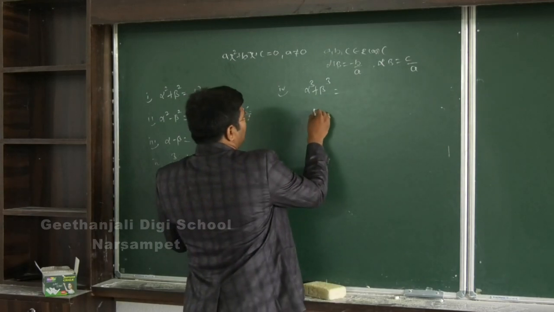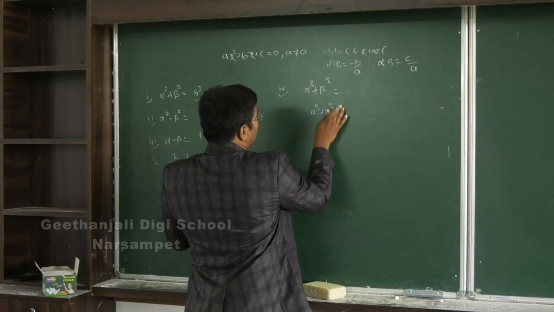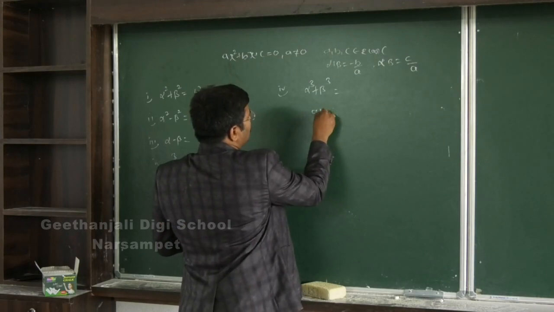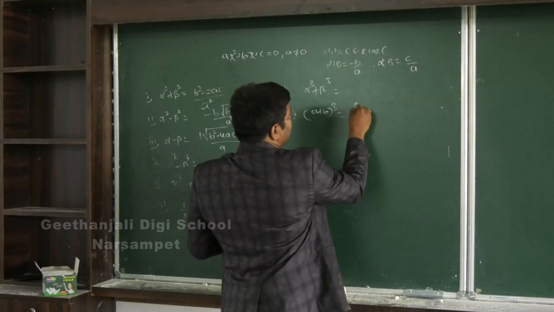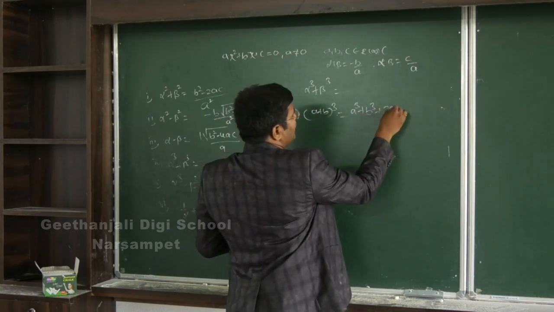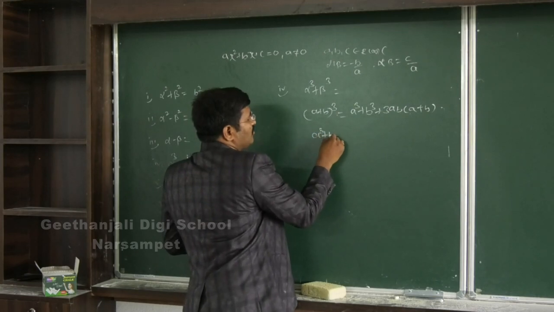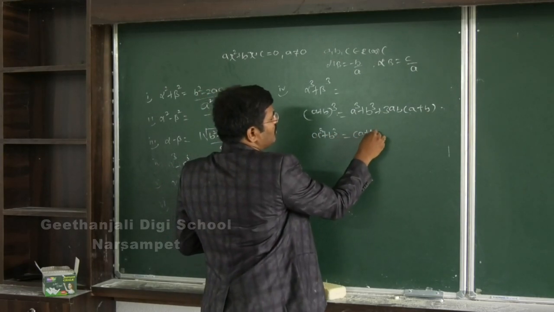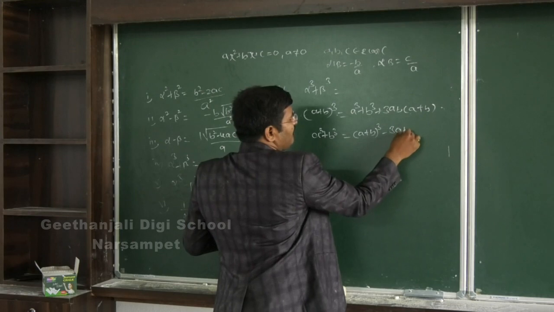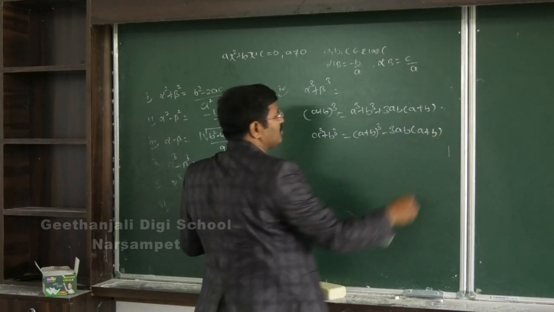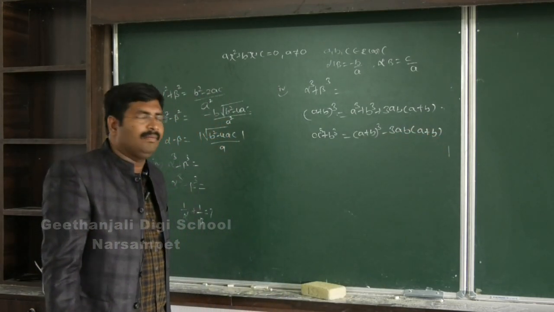Then I am writing a plus b whole cube is equal to a cube plus b cube plus 3ab of a plus b. Then a cube plus b cube is equal to a plus b whole cube minus 3ab of a plus b.